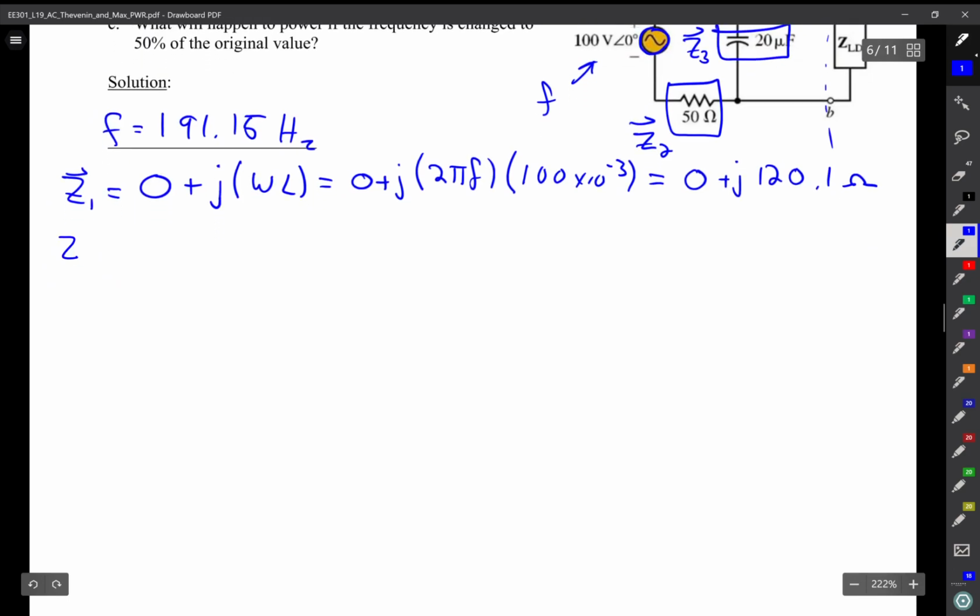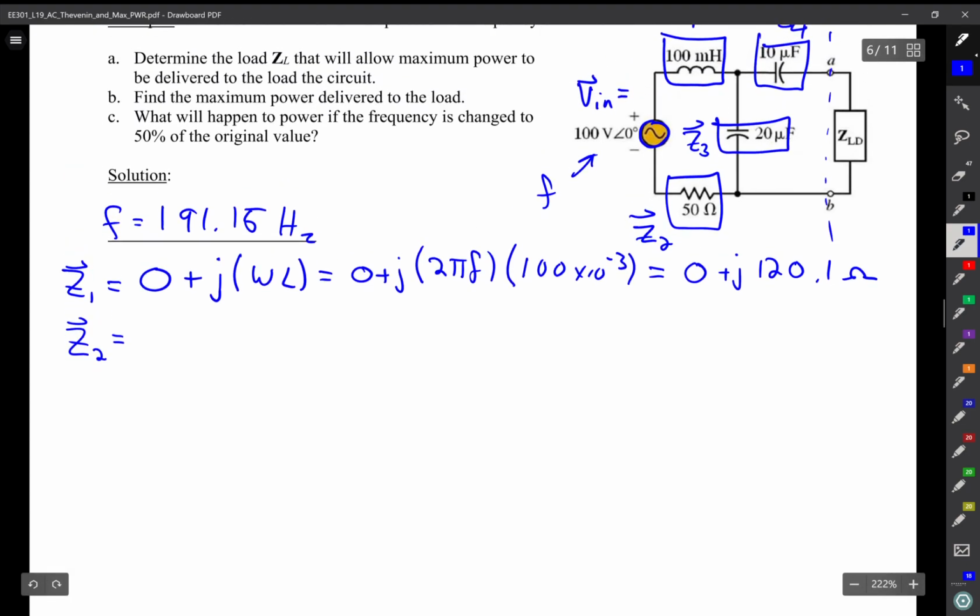Z2 is equal to, well, that's a 50 ohm resistor, so it's purely resistive. And it has 0 in its imaginary part, so that one's easy. Okay. Z3, that's purely capacitive, so there's 0 real part to that impedance.